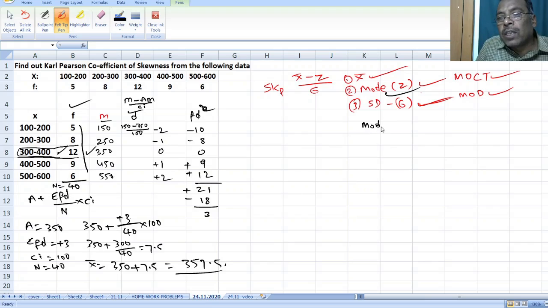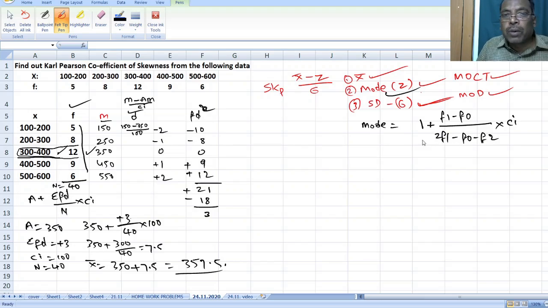Mode is equal to L, that is the lower class interval value, plus F1 minus F0 divided by 2F1 minus F0 minus F2, into Ci. So 12 is to be considered as F1, the value before that is F0, and after 12 is F2. Now L is equal to 300.